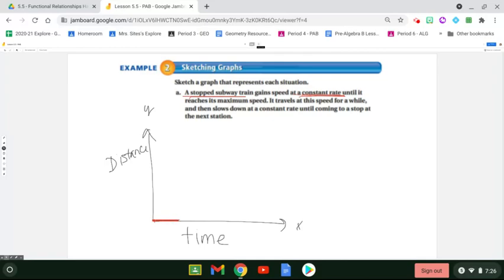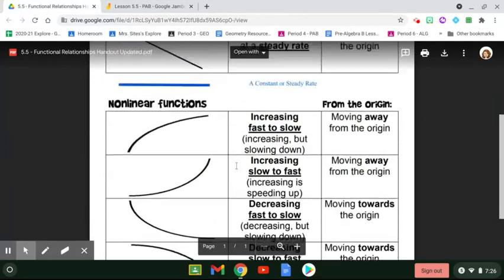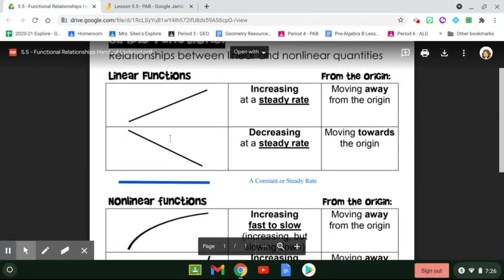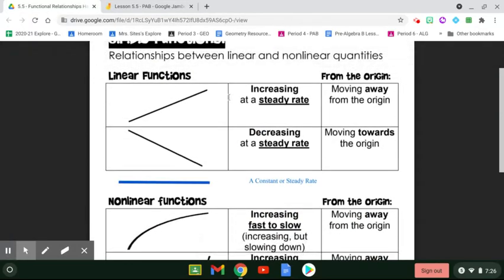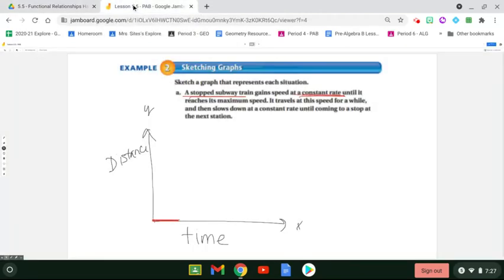So when we are talking about a constant rate, this would be something that is more linear, right? So it's increasing, right? It's talking about gaining speed. So that would be increasing at a steady rate for this next section. Okay, so here's part 1 of our graph. Here's part 2 of our graph. Okay, until it reaches its maximum speed. It travels at this speed for a while. I feel like that's our next part.